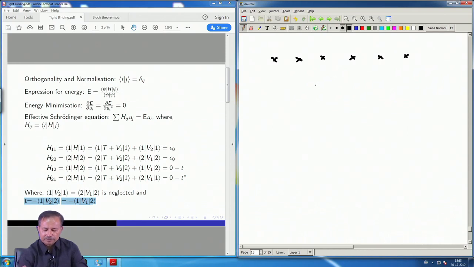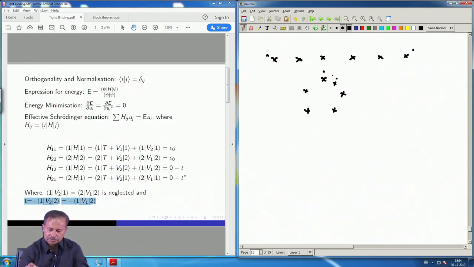Here are 6 points, for example. What I will do is put them in a circle: 1, 2, 3, 4, 5, 6. The periodic boundary condition means that you actually close the loop, and that means 1 now has a nearest neighbor which is 6. We are not discussing that right at the moment.